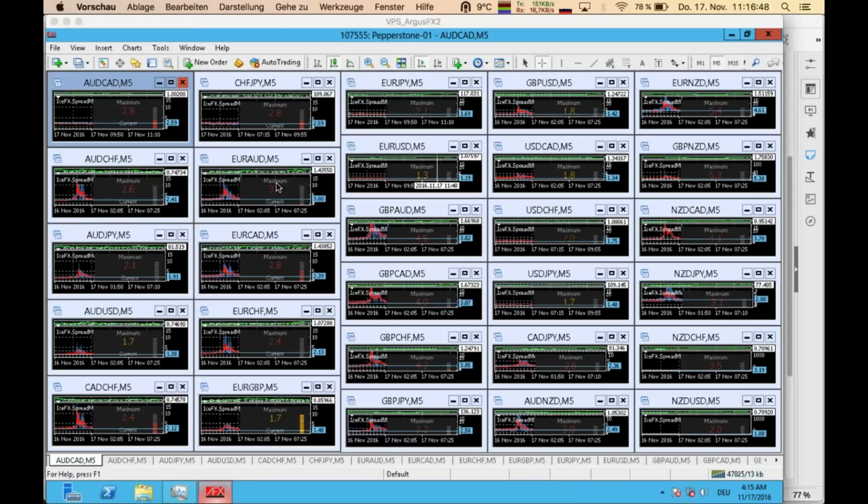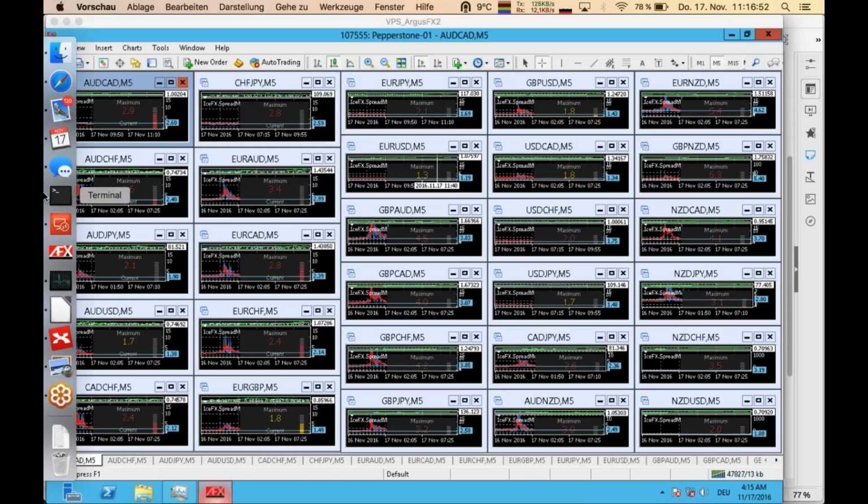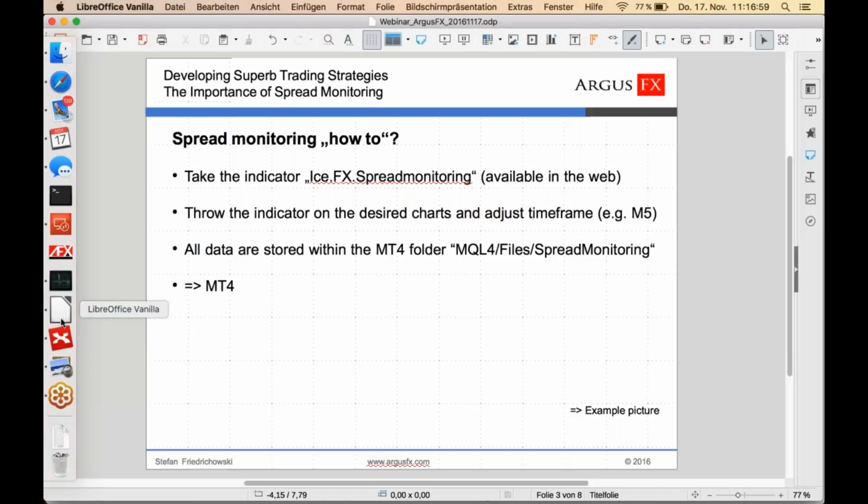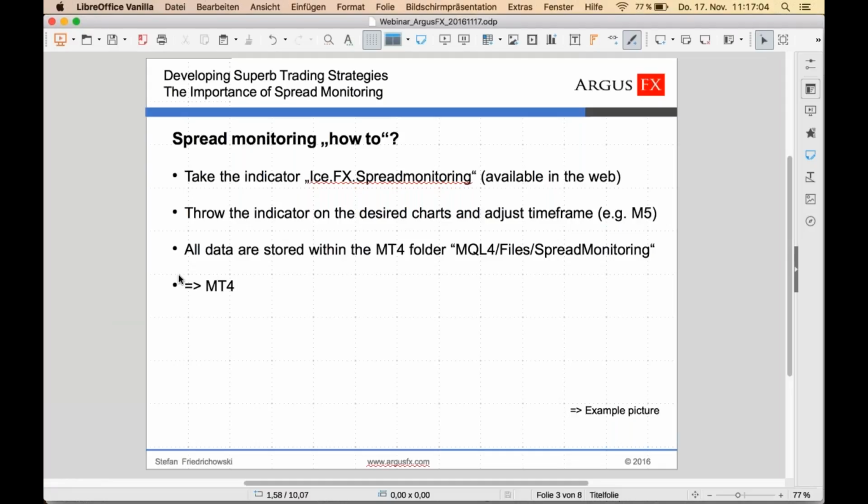And by the way, if you do something like that and want to share the results with me, it would be a pleasure, because maybe we can put those data together and create a bigger database for spread monitoring. I think it's a nice thing to do.